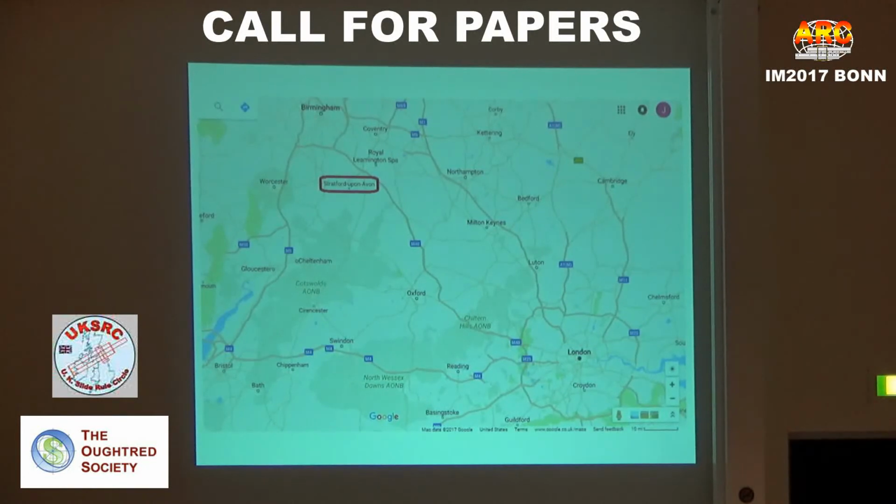Please, Stratford-upon-Avon. What else is on the map? There is a place called Milton Keynes, which is actually not meant, but a place nearby is Bletchley Park, where we already have been in 2012.